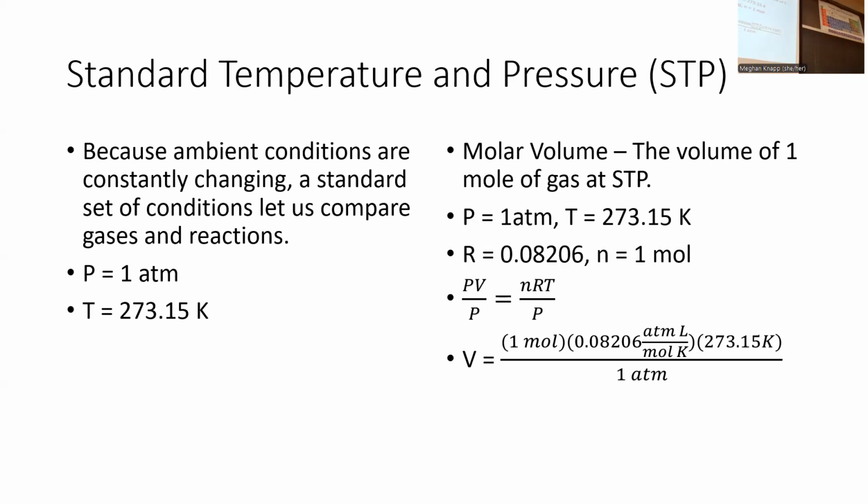So this beach ball, you might have seen it around the department. In theory, this is 22.4. I happen to know that when it's not inflated fully, like right now it's not inflated fully, it comes in a little under that. And it does look a little bit small. So this would be 1 mole of a gas, but remember, this is 1 mole of a gas at 0 degrees Celsius.